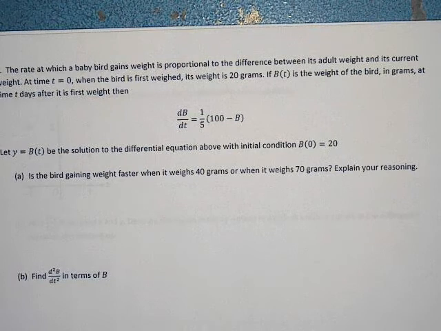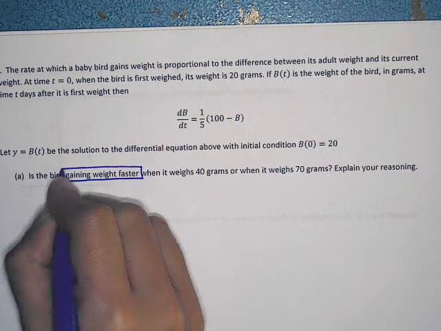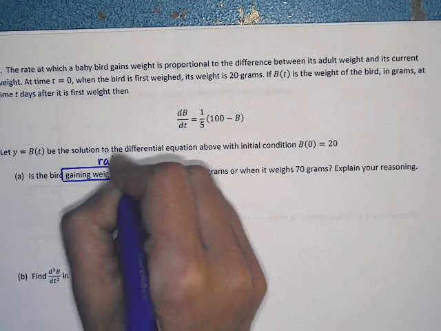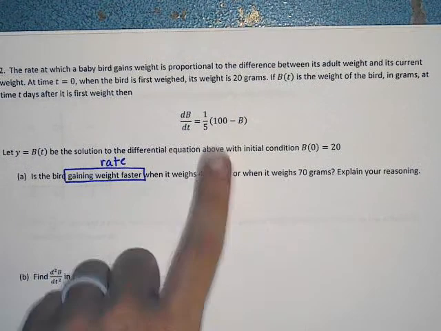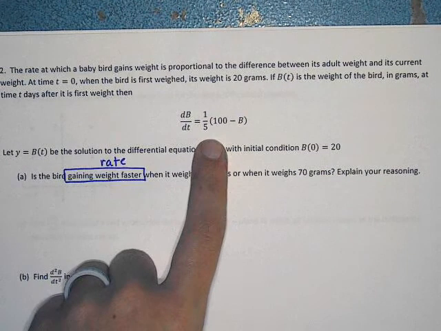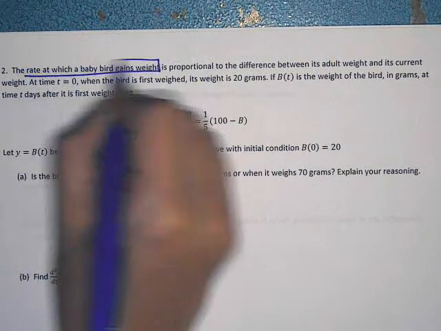Part A, is the bird gaining weight faster when it weighs 40 grams or when it weighs 70 grams? So gaining weight faster asks you about the rate at which the bird is gaining weight. And it tells me in the directions, this function tells us the rate at which the baby bird gains weight.